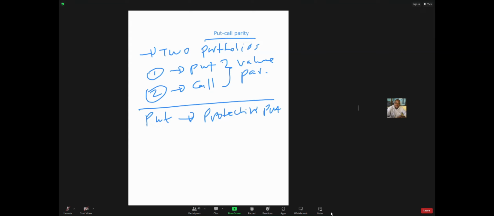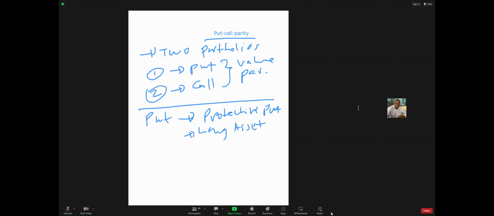The reason why we call it a protective put: this put is protective from the sense that you have the asset, you long the underlying asset.